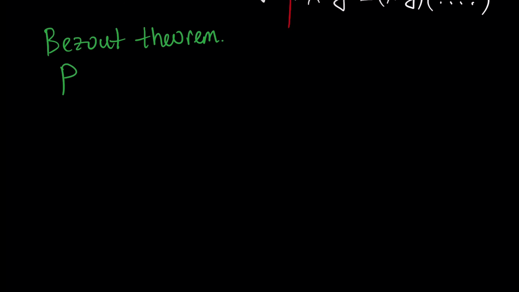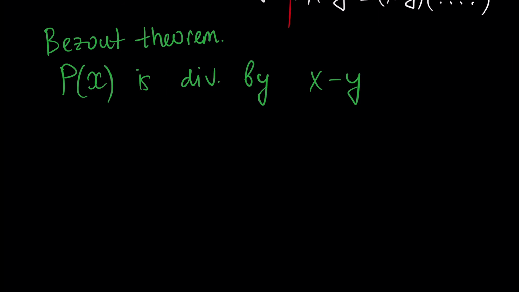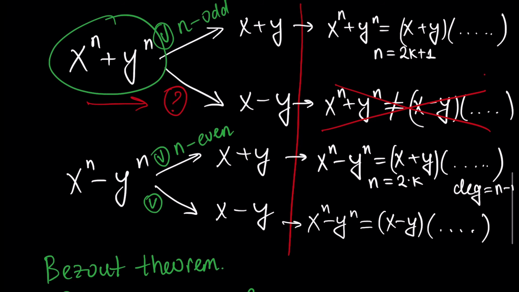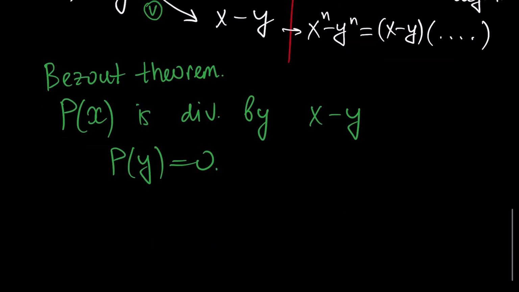It states that the polynomial p of x is divisible by a binomial x minus y when p at y is equal to 0. In our case, we had the polynomial x to the power n plus y to the power n.